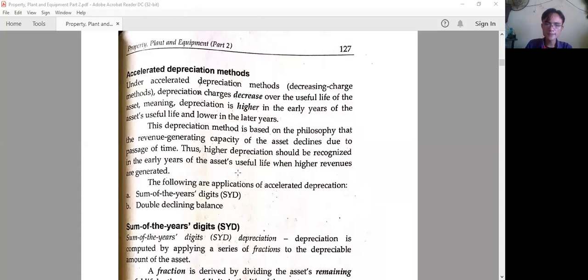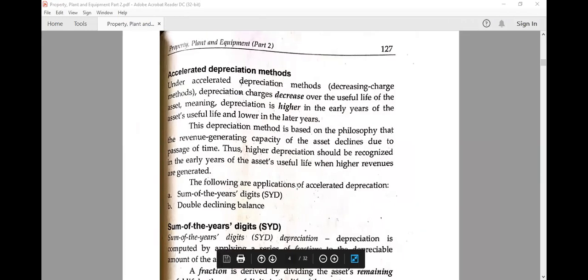The philosophy here is that because the functional productivity and capability of our assets would be higher in the earlier years, they should also be depreciated more in the earlier years. And here are our two examples of the methods, SYD and double declining balance.